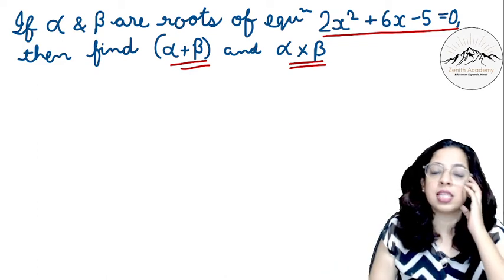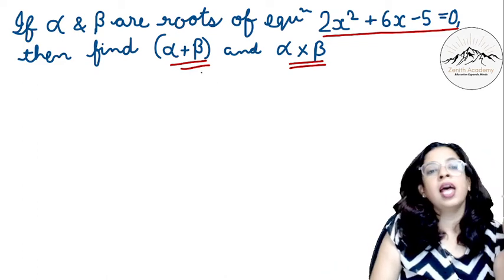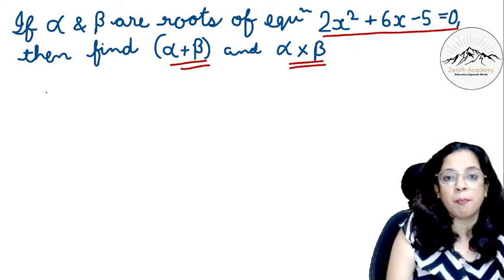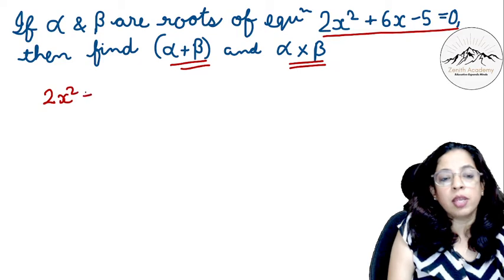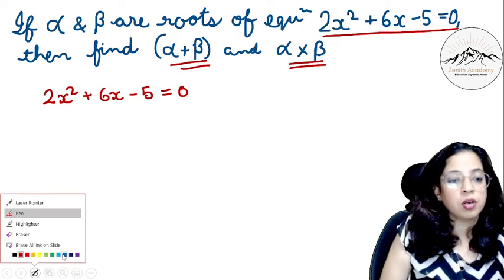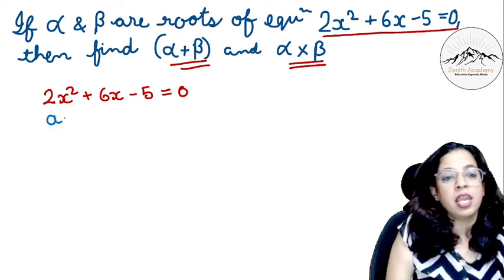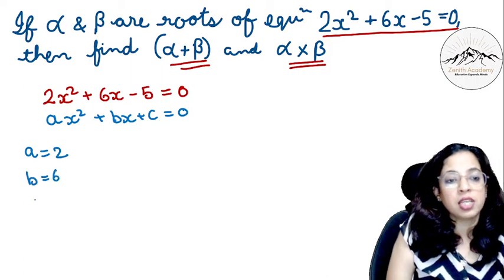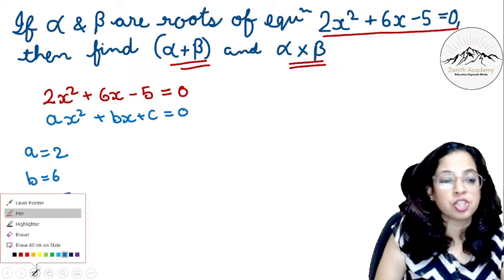If we know this relation and it is asked what is the sum of the roots and the product of roots, just compare this 2x square plus 6x minus 5 equal to 0 with your standard equation, ax square plus bx plus c equal to 0. From this we can find a is equal to 2, b is equal to 6 and c is equal to minus 5.